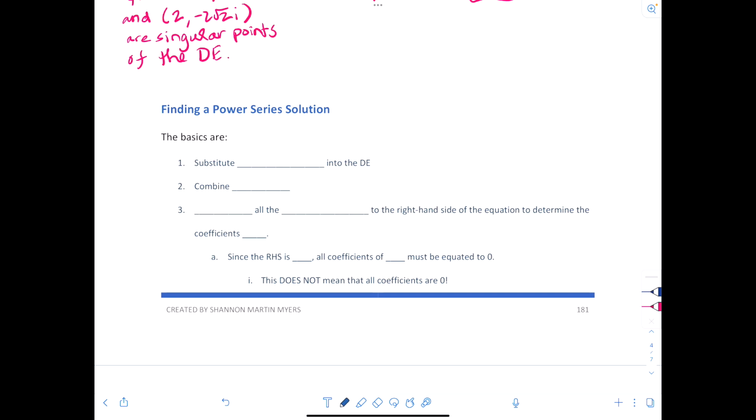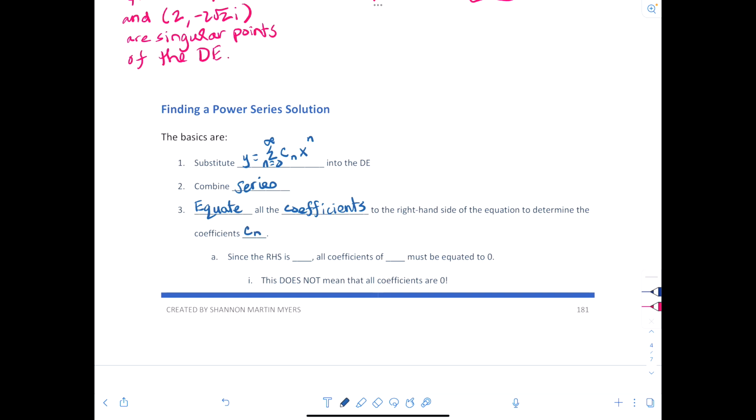So finding a power series solution. The basics are you substitute y equals the summation from n is 0 to infinity of c sub n times x to the n into the differential equation. You combine series. And then you equate all the coefficients to the right-hand side of the equation to determine the coefficient c sub n.